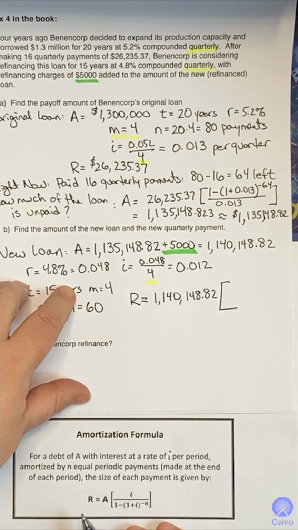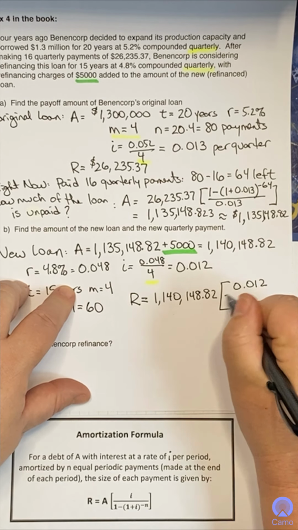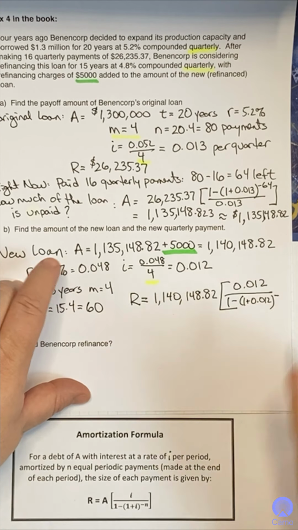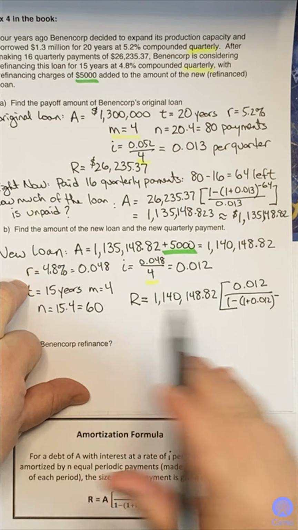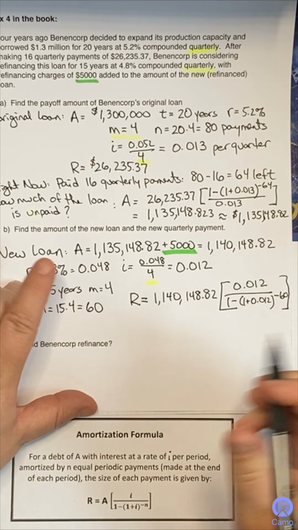And remember, for this one, when we're solving for our payment, we actually have I on top by itself. So 0.012 all over 1 minus 1 plus 0.012 to the negative. And again, this is how many we want to pay. We want to pay this over 60 periods.